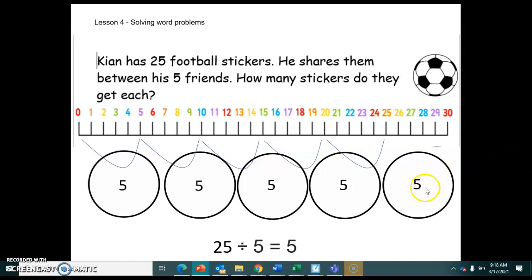We know that the answer is 5 because they're all equal groups. So it's just showing how we can use another method such as the number line to help us, and as I say, you could say that it's almost repeated subtraction.